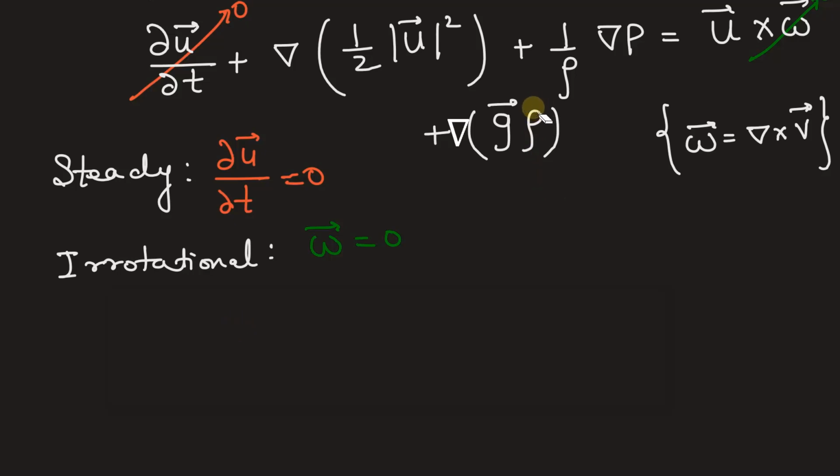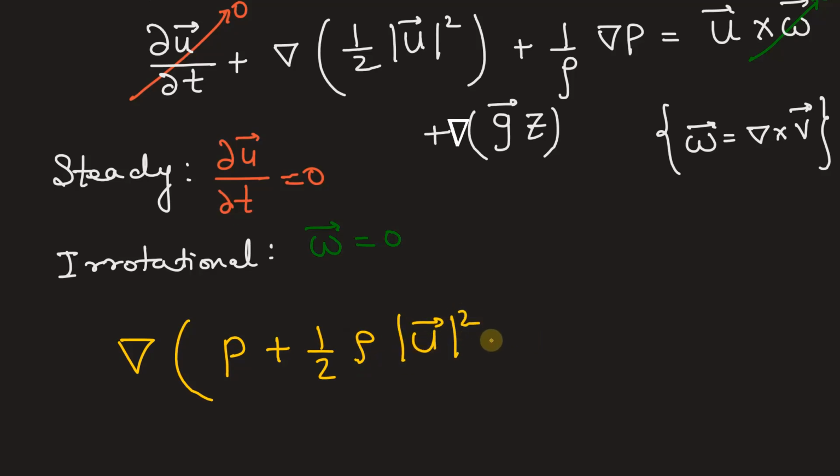I have made a mistake here, I'm sorry for that. This is z. Z is the height of center line of the cross section. Gradient of p plus half rho magnitude of u square plus rho g z, that is equal to 0.